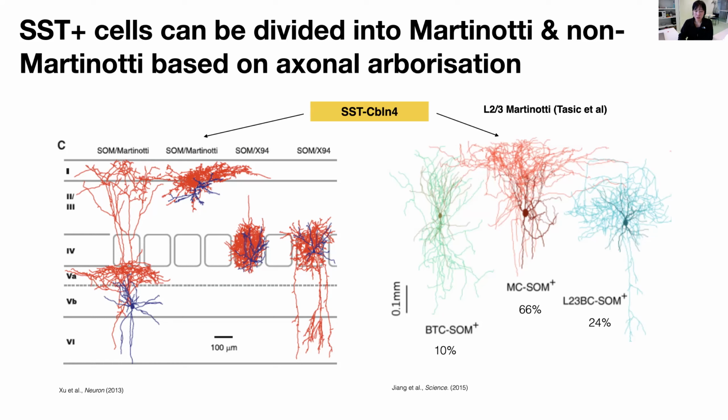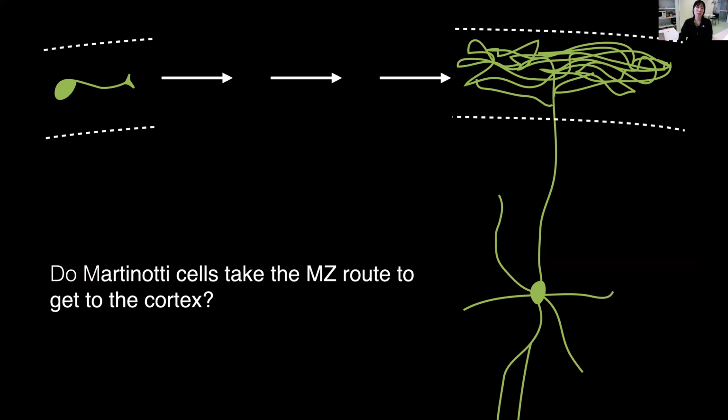So the model we came up with is as follows. We think that Martinotti cells take the marginal zone to get to the cortex. This means that if we are able to label a migrating cell at the marginal zone, one would expect that by the time they become an adult, they'll all be Martinotti cells. Okay, so that's the idea.